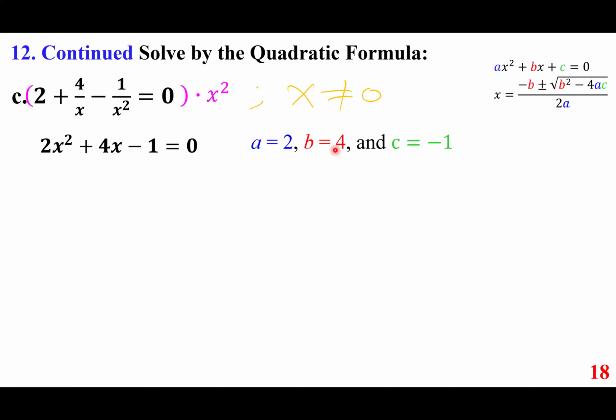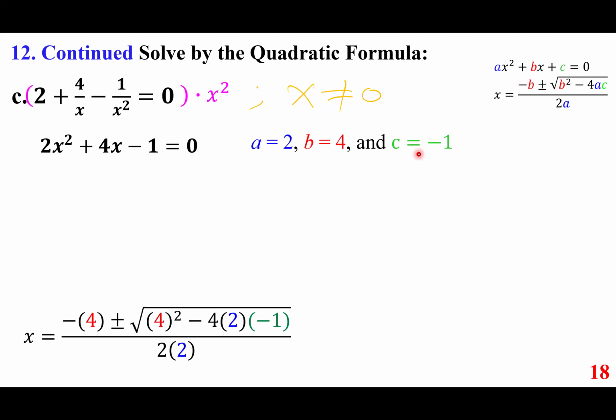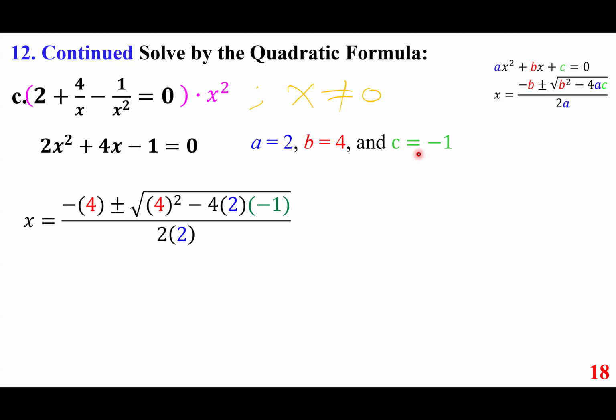Minus b, minus 4, plus minus the square root of b squared, 4 squared, minus 4 times a, which is 2, times c, which is negative 1. 16, negative times negative, positive, plus 8. So we get 24 under the radical, and the denominator is 4.